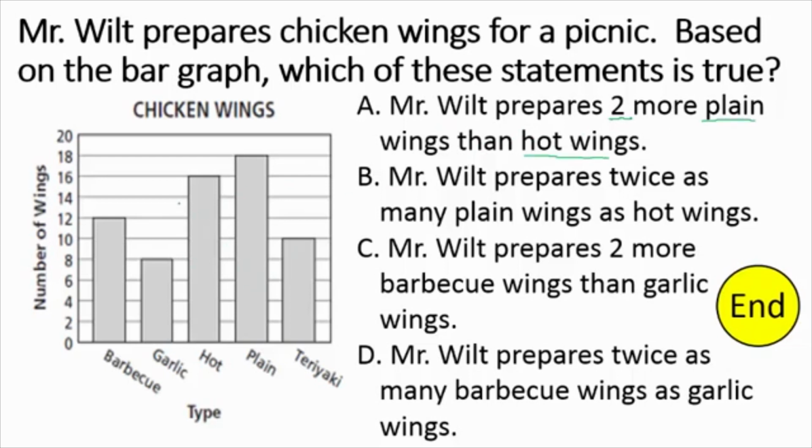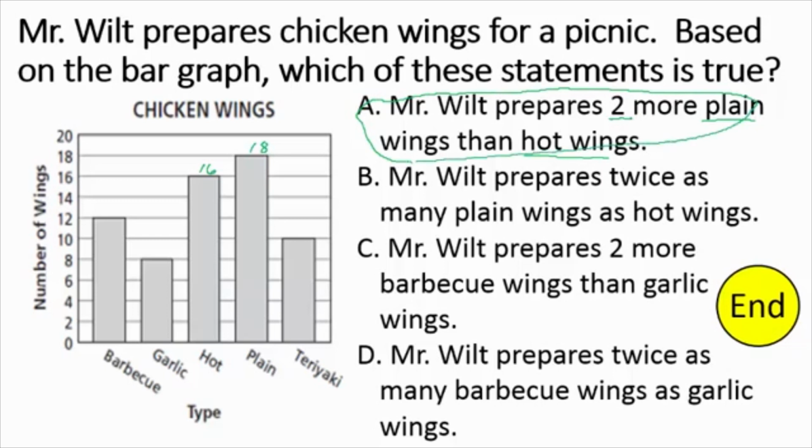So I go over here, find plain, and it says that he's made 18 plain and hot 16. The good news about this question is the very first statement happens to be true. If it was me taking an assessment, I would circle my answer or bubble that in and I would be done.